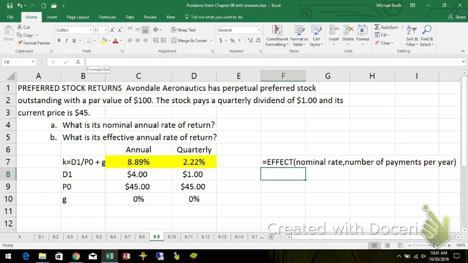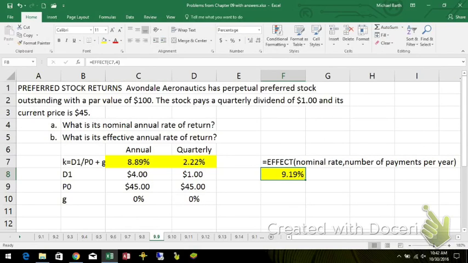All right, so to solve for part B, the annual rate, and it pays 4 times per year. So the effective rate is a little bit higher simply because of the magic of compounding.